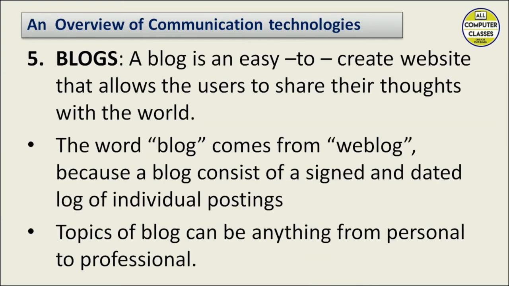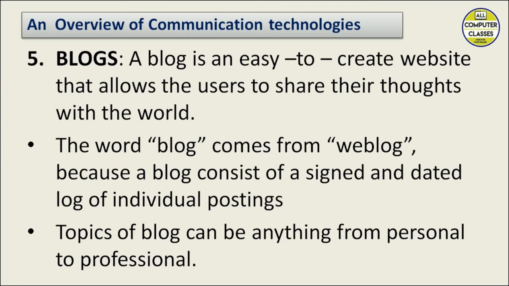Next is blogs. A blog is an easy to create website that allows the user to share their thoughts with the world. The word blog comes from weblog, because a blog consists of a signed and dated log of individual postings, right? Log is basically keeping a record.